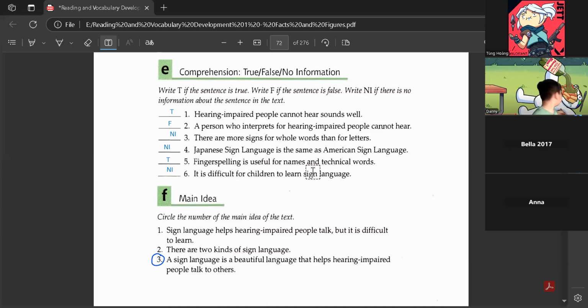Guys, what do we need to follow in the text? Because that's the part of the exercise, comprehension. So you have to answer according to the text.